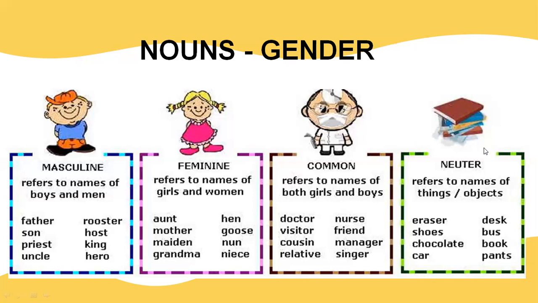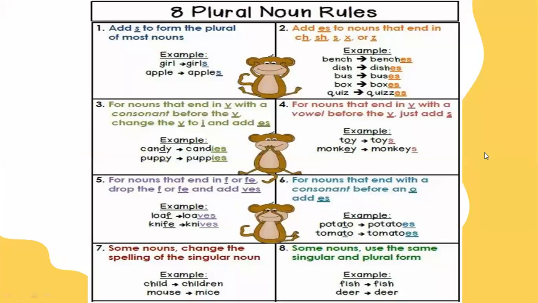So based on gender, a noun is divided into four. First one is masculine, which refers to boys; feminine, which refers to girls; common, which refers to both; neuter, which refers to non-living things.